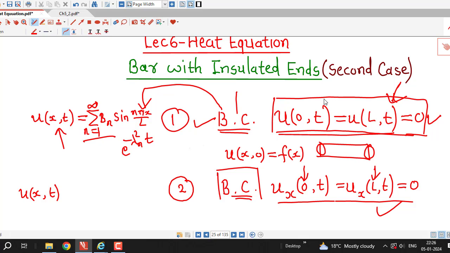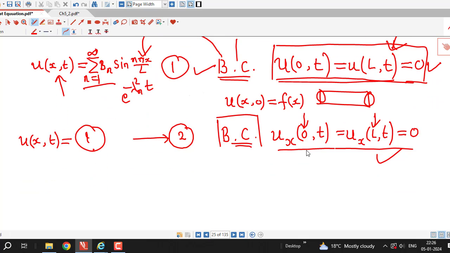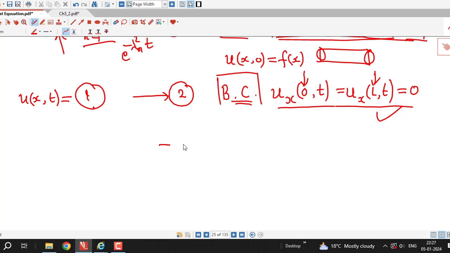In this lecture we are going to discuss what the solution will be for this type of boundary conditions, that is, the temperature gradient is 0 at both the ends, and this can be given in a descriptive form also. They can write: find the solution of the heat equation in the case that both the ends of the bar are insulated.